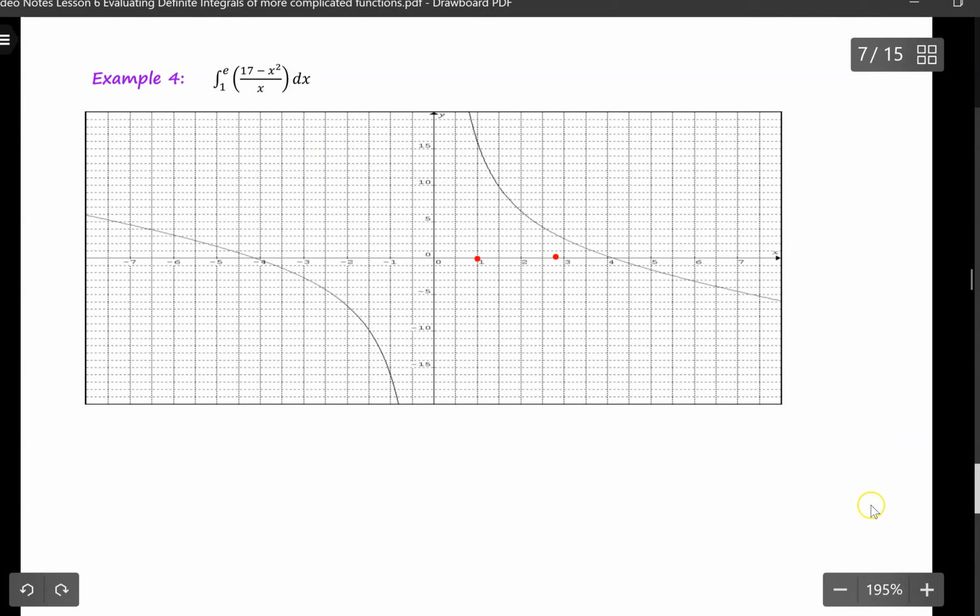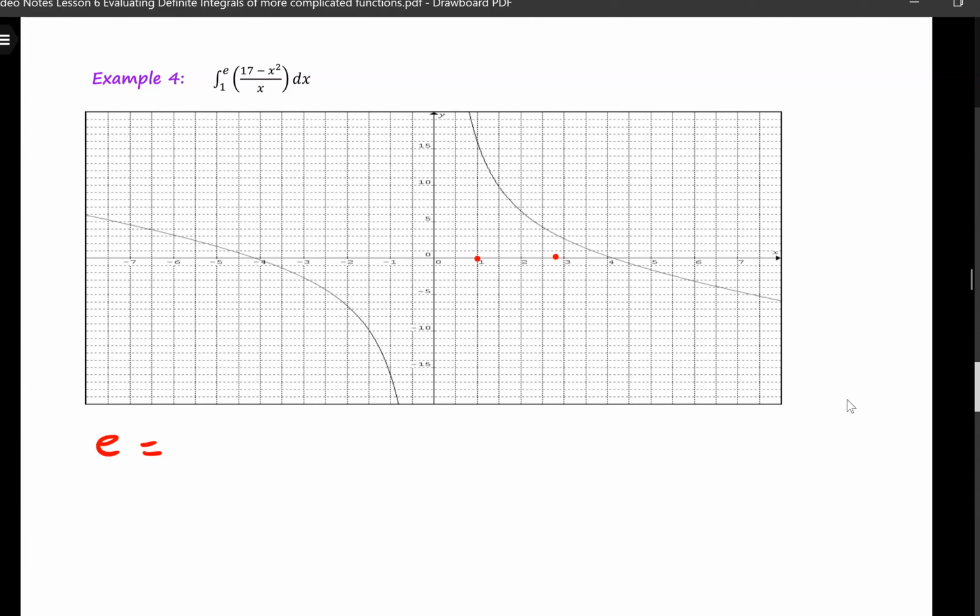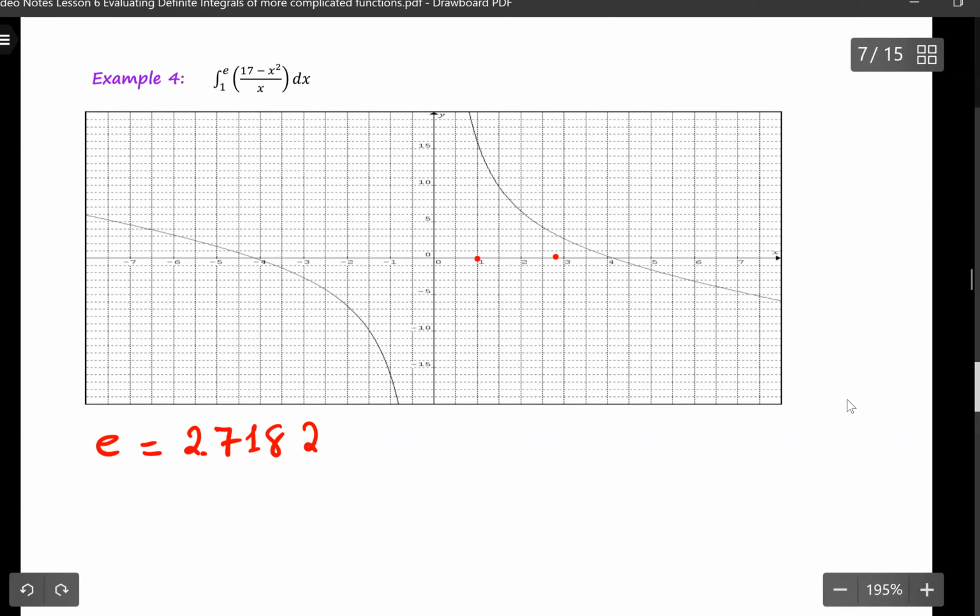I want to remind everyone that e is a special number, and e is actually equal to 2.718281828, and it keeps repeating itself. So this is the number e.